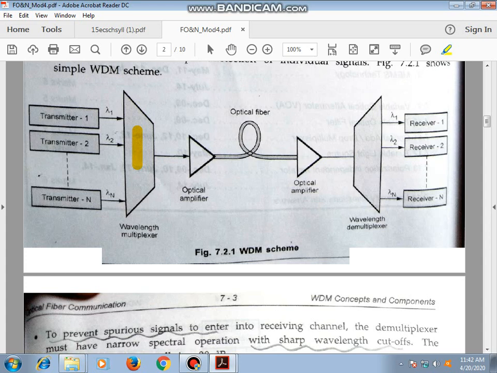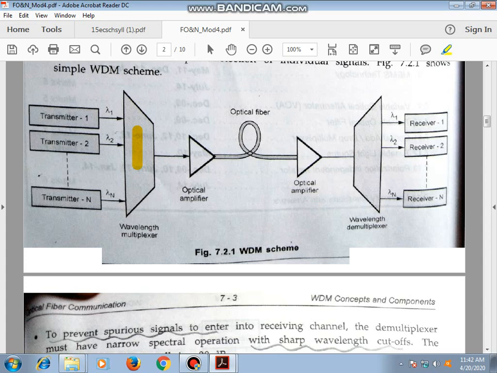This is given to the input of the optical amplifier. You know the role of this optical amplifier. It will take the input from this wavelength division multiplexer and amplify the signal. Before transmitting the signal through optical fibers, you need to amplify it so that at the receiver side you can get good signal strength.